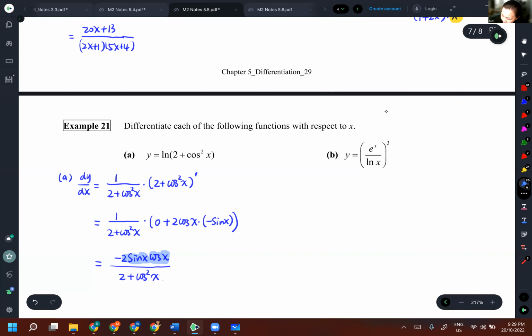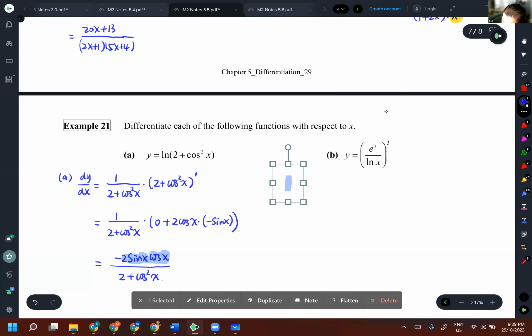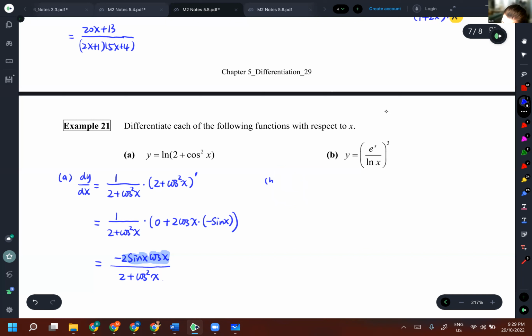In part B, dy/dx equals. Now, some people see this as a quotient. I don't see this as a quotient. I see it as a composite first.